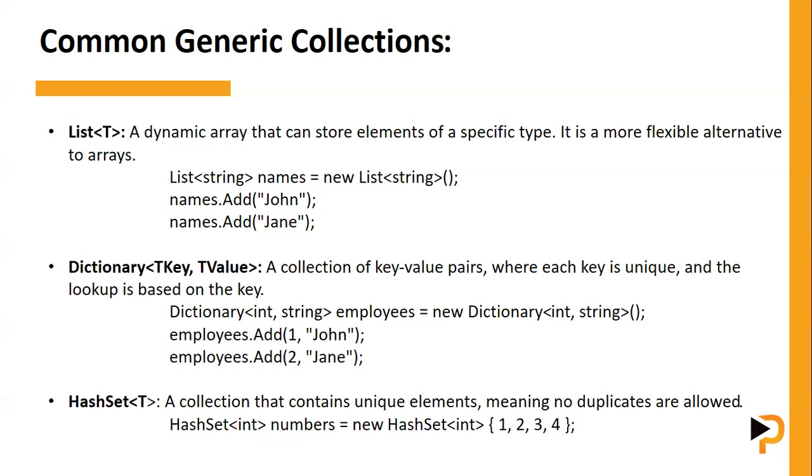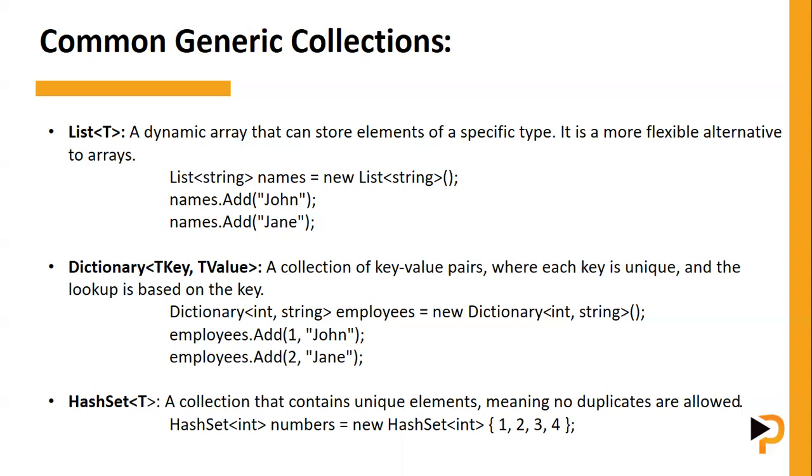Next is a Dictionary. It is a very important type of collection which stores key and value pairs, where the key is unique and we do the lookup based on the key. So the key will be unique and the dictionary gets iterated through the keys. Now HashSet. It's a set.